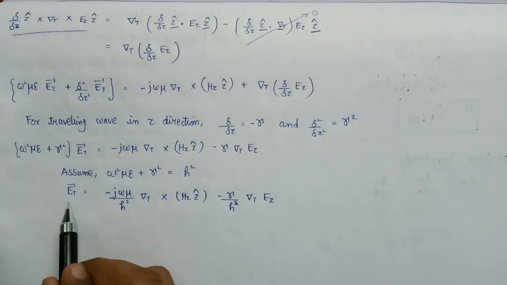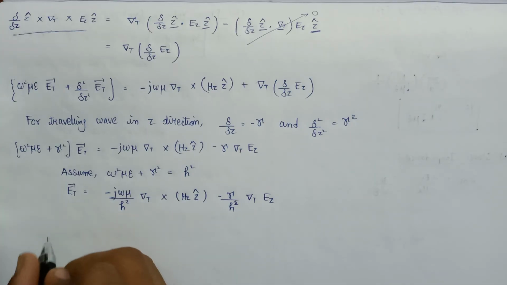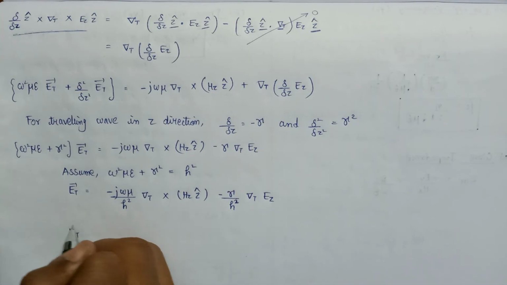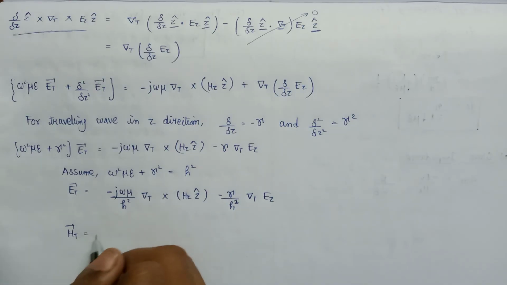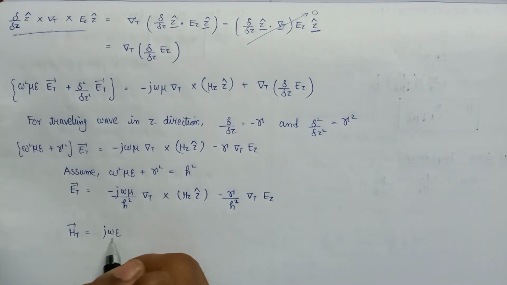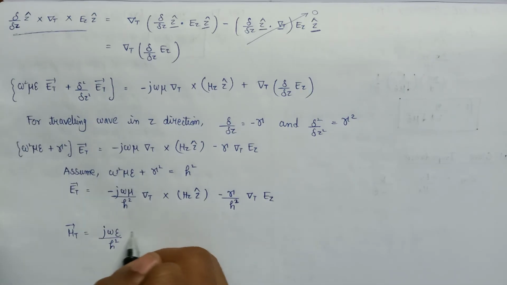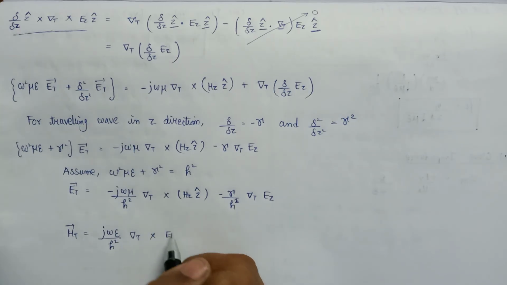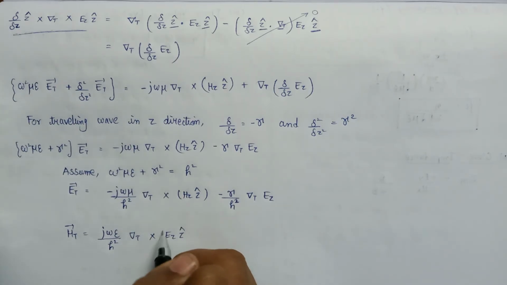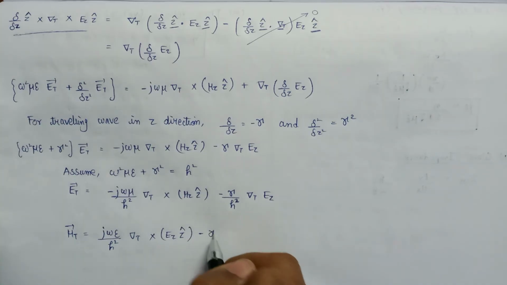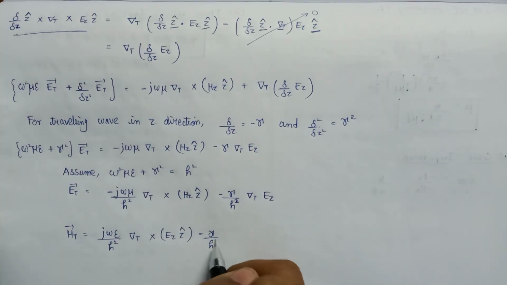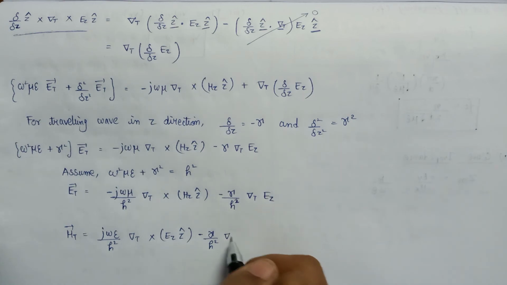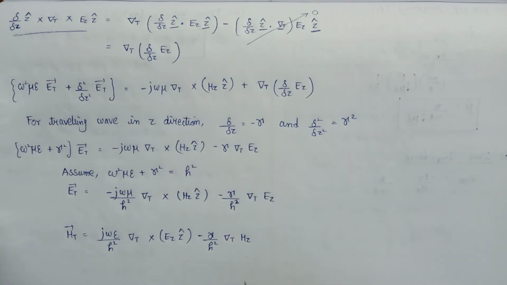Similarly, from this electric field expression, we can also evaluate the magnetic field expression. So, H transverse will also become j omega epsilon over small h square into del t cross product with E of z, z cap, minus gamma over h square del t into H of z.